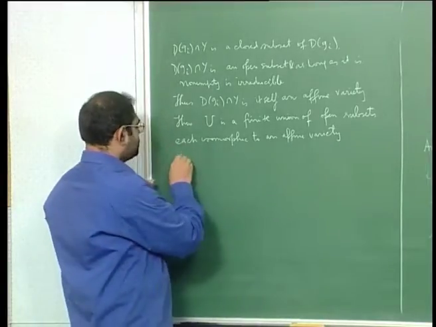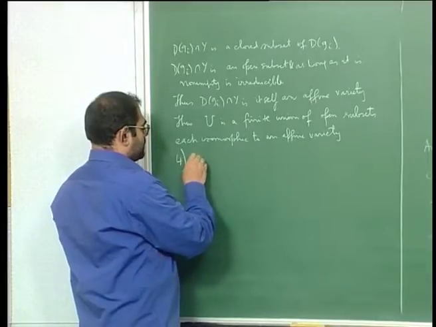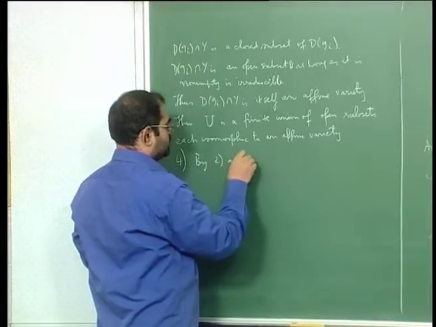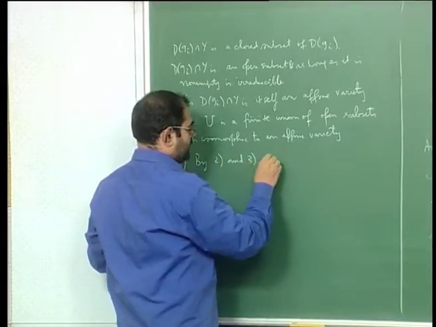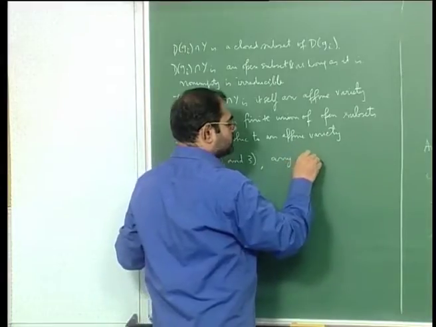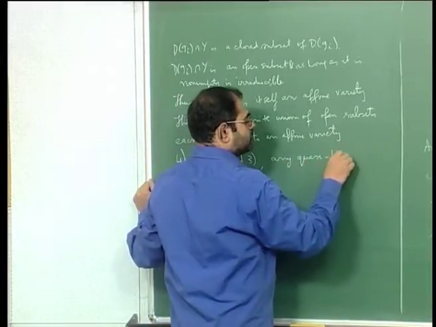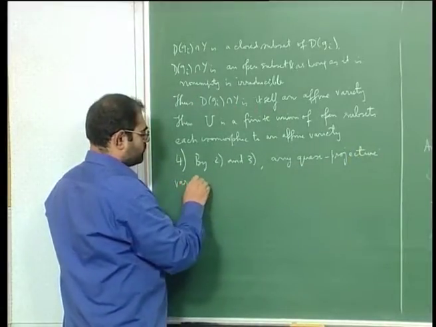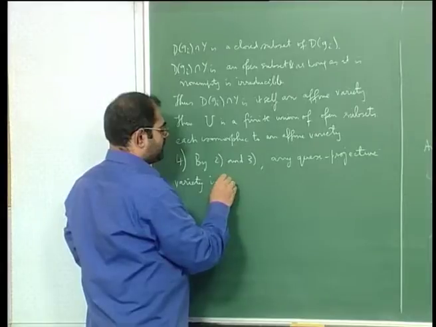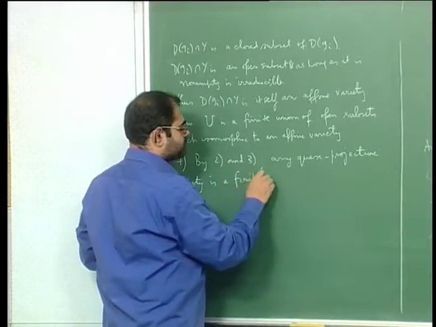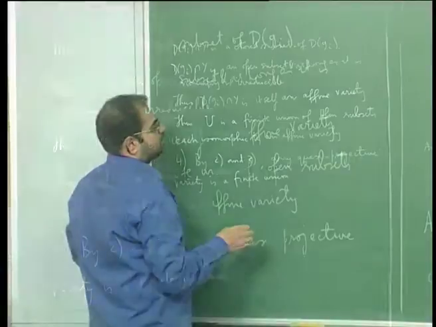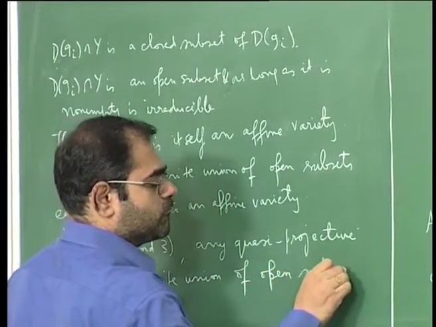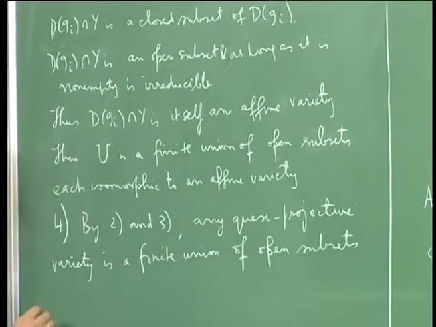And then 4, by 2 and 3, any quasi projective variety is a finite union of open subsets, each isomorphic to an affine variety.